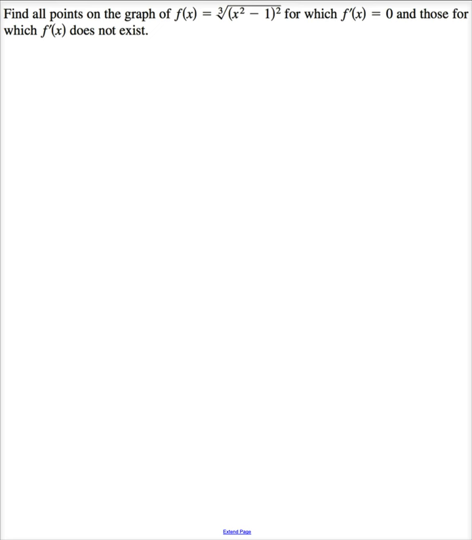Now, let's find all points of the graph f of x is the cube root of (x squared minus 1) squared, for which f prime equals 0, and for those for which f prime does not exist. Well, let's start by writing this as f of x is equal to (x squared minus 1) to the 2/3.